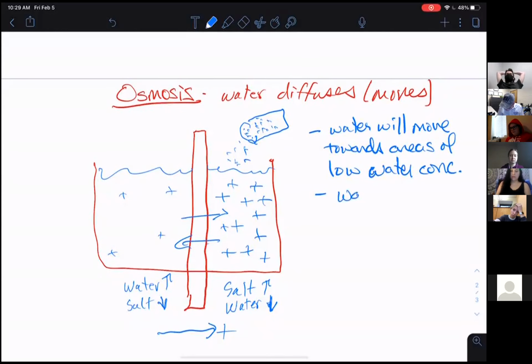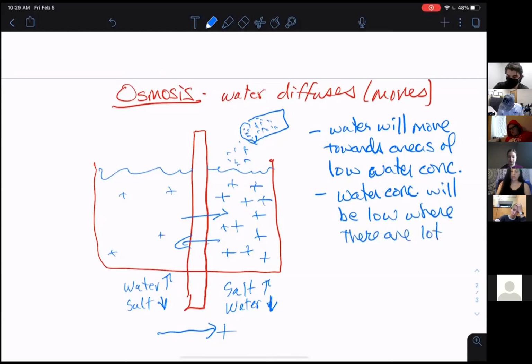Water concentration will be low where there are lots of solutes. Remember, solutes are things that are dissolved in water.